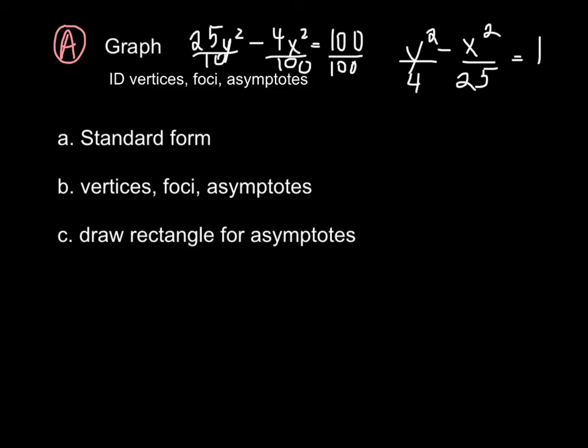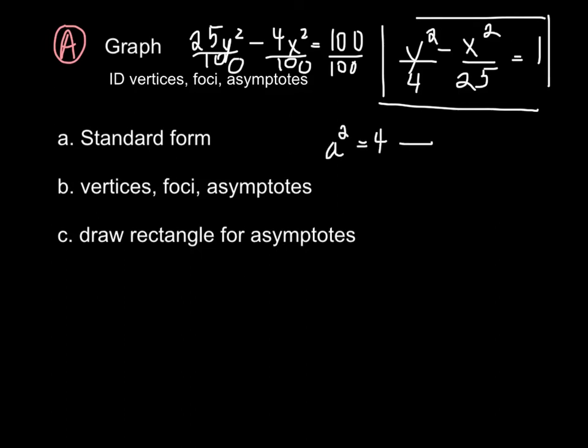From this we can identify our vertices, foci, and asymptotes, which is our second step. So a squared equals 4, therefore a is 2. b squared is 25, therefore b is 5.